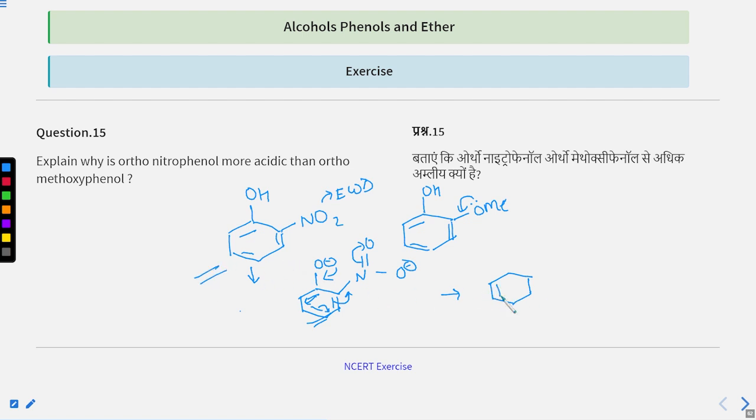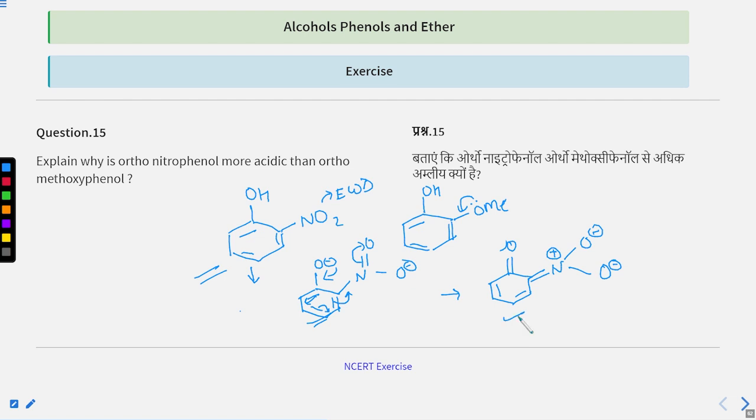So the structure that will be formed is this one, with the NO2 group and the O minus. Clear?